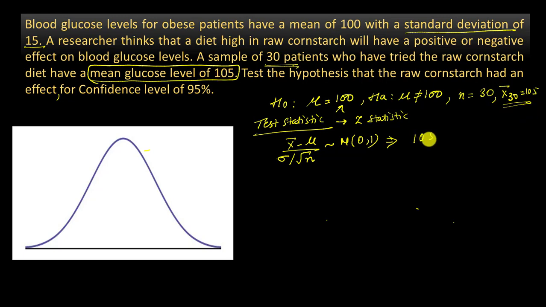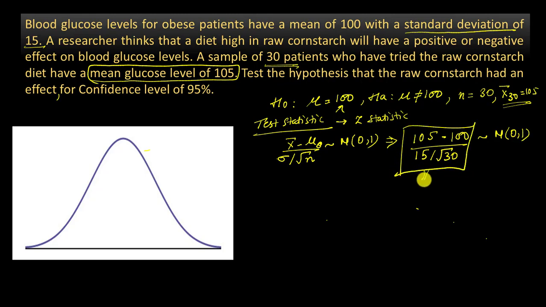So 105 minus mu naught, and mu naught is 100. 105 minus 100 divided by the population standard deviation 15 over root 30 is distributed as normal distribution. So this is our test statistic from the sample. If we solve this, it comes out to be 1.83.